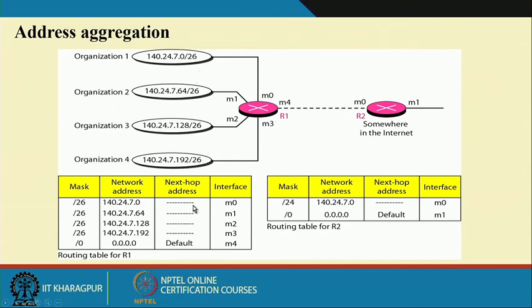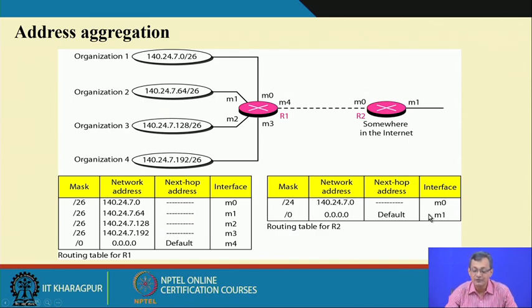Instead of having all those entries, I can have a particular network address and then a next hop. So, in this routing table I can have entries like /26, with next hops M0, M1, M2, M3 and M4, whereas in routing table 2 I identify all those as a single network address, /24, and push it to M0.